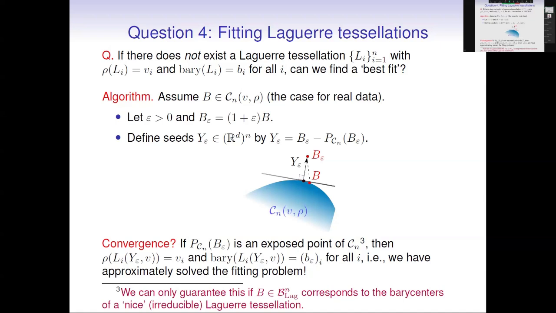Not just any Laguerre tessellation, but a nice one, something called an irreducible tessellation. That's not so important, but it's guaranteed to work if your data comes from a nice tessellation. But for the fitting problem, that's not the case. So for the case we care about, we don't have a convergence guarantee, except it does seem to work well in practice. So this is the open problem.